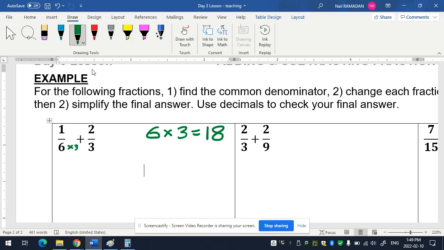If you change the bottom, you also have to change the top in the same way. Also multiply the 1 by 3. Exactly. How about the next fraction? The 3 got multiplied by 6, which means this also has to be multiplied by what?